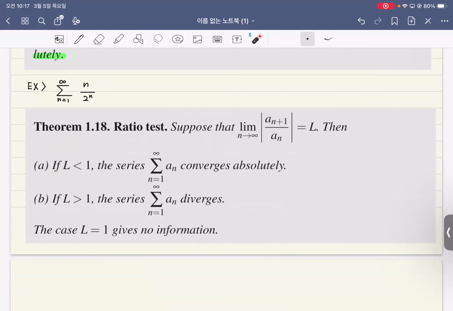The ratio test is very useful when the comparison or limit comparison theorem does not work, just like this case. And the ratio test goes like this.